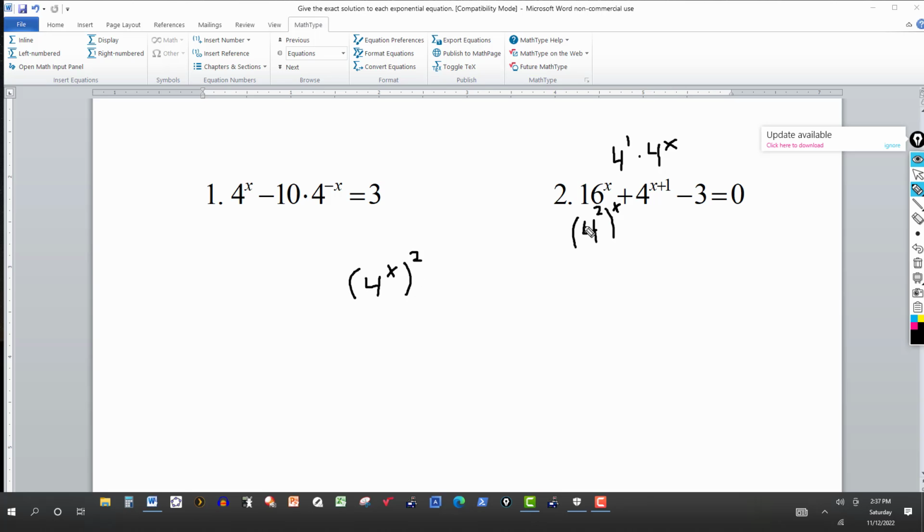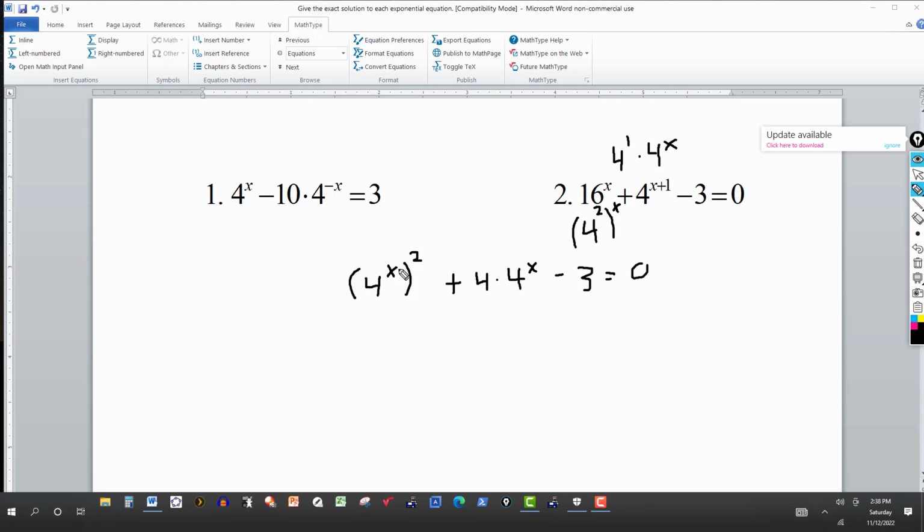Still the same thing as what I have here, because by the laws of exponents, a power to a power means multiply exponents, so 2 times x still gives me 4 to the 2x here, which is what this would be. And then this is a plus, and I'll write this as 4 times 4 to the x, minus 3 is equal to 0.